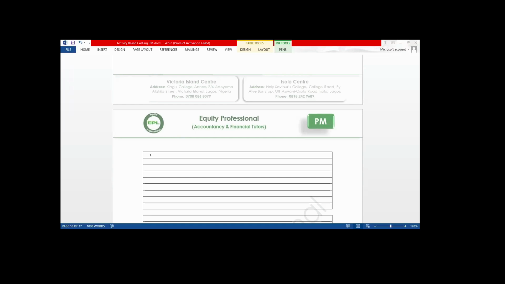All right, suggested solution. We start with 1: using the traditional costing approach.